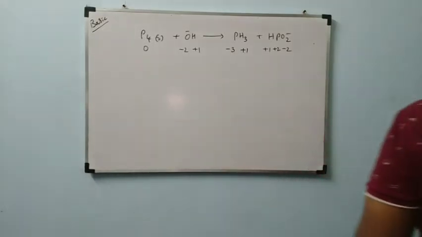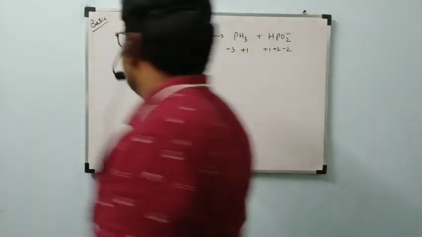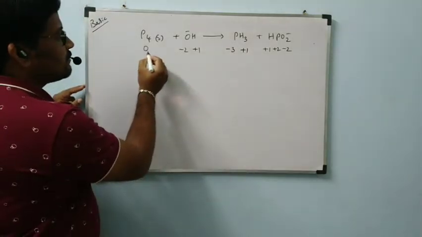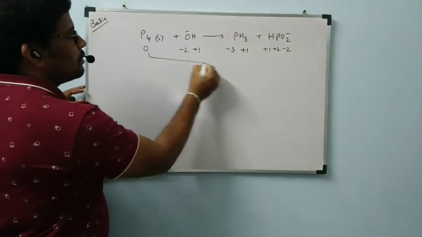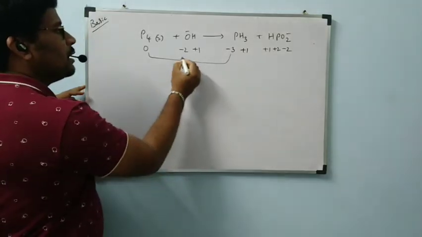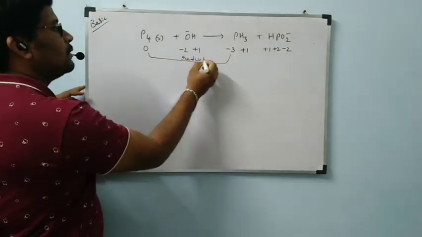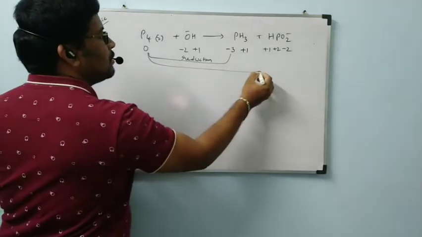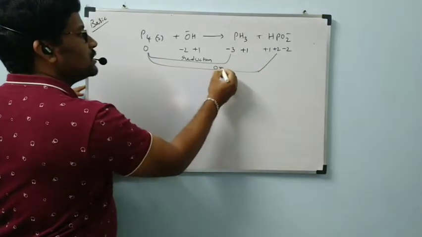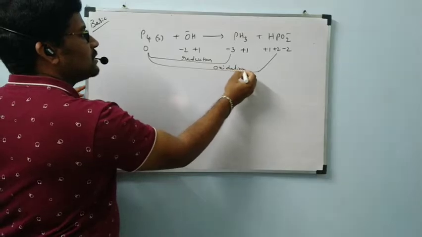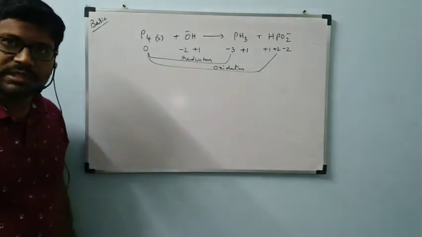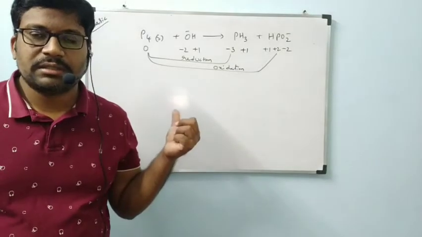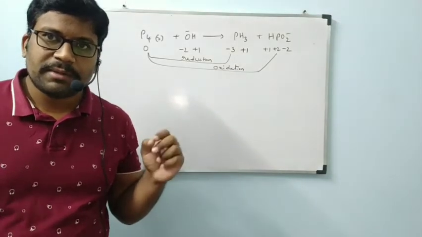Now we have to identify which one is undergoing oxidation and which one is undergoing reduction. Phosphorus from 0 to minus 3 is undergoing reduction. Phosphorus from 0 to plus 2 is undergoing oxidation. The same phosphorus is undergoing oxidation and reduction, a disproportionation reaction. This is an example of disproportionation.